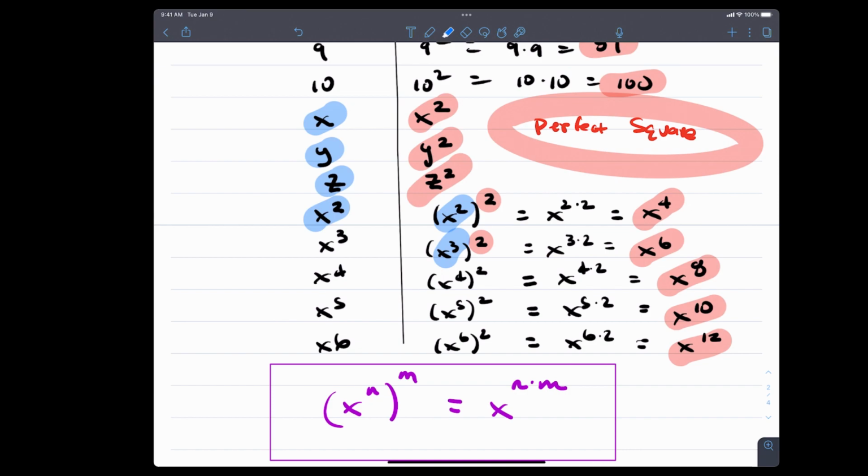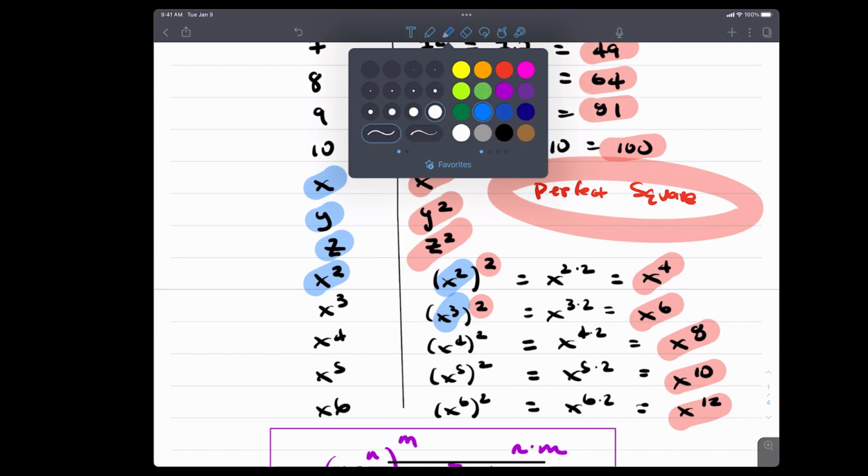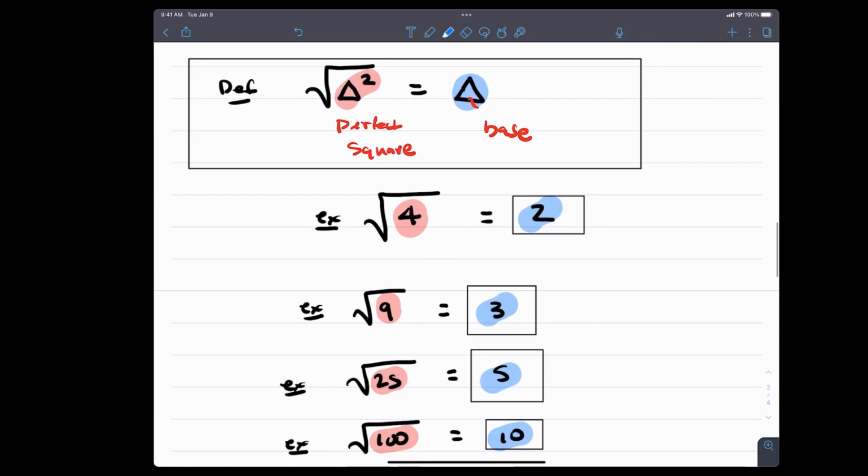Oh, do we have an x squared? Oh, yes, we do. It's right here. You see this? Here's the answer. I'm going to erase it. X squared is a perfect square, so the square root of x squared is x. It's always the base.